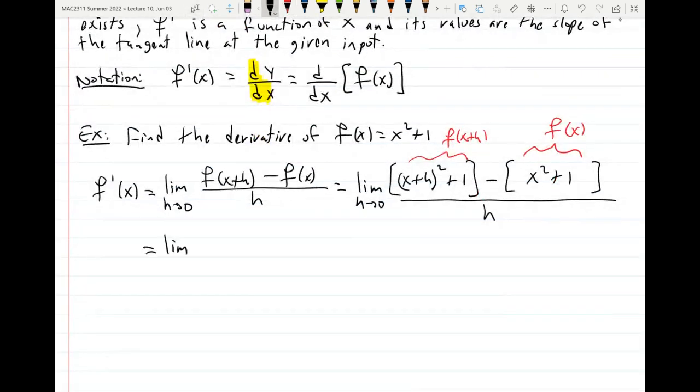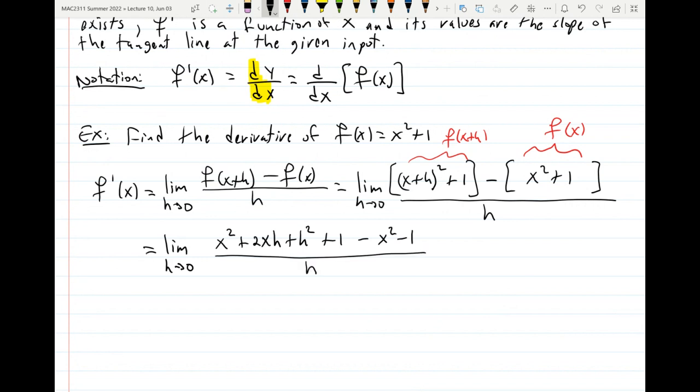This is the limit as h approaches 0 of, in the first parenthesis, I'm going to expand that square, x squared plus 2xh plus h squared, and plus 1, then distribute the negative, minus x squared minus 1, over h. So the x squares are gone, the 1s are gone. We still have 0 over 0, but notice that now whatever remains in the top, everything has an h, so we can factor it out. So let me do that.